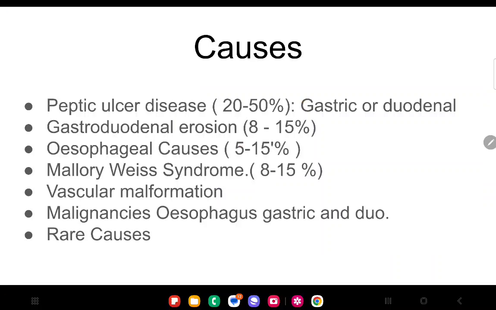The most common causes of upper GIT bleeding are summarized in this table and divided into two, what we call variceal bleeding and non-variceal bleeding.